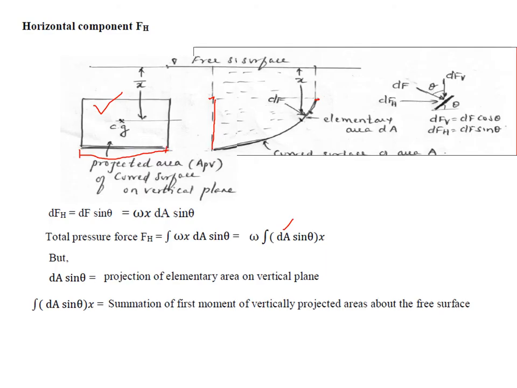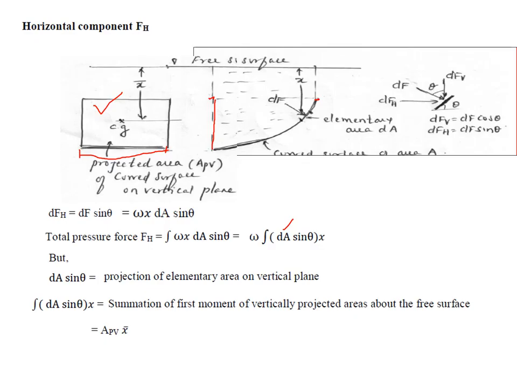According to engineering mechanics, this is all multiplied by x, so each of the areas is multiplied by x and you get the first moment of the vertically projected area. That is nothing but the total area into the CG distance, as given by the definition of CG. So this is the area on the vertically projected plane into the distance x bar.